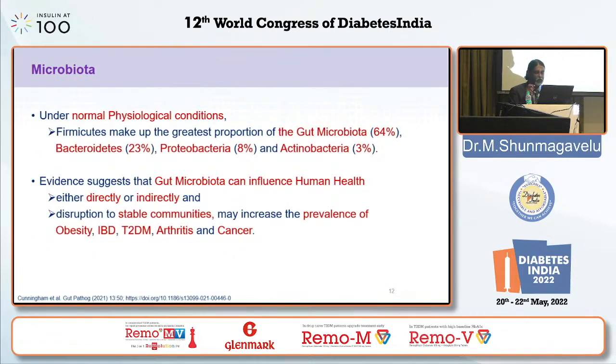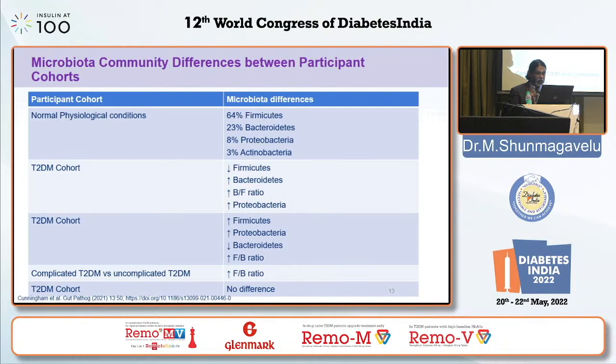Under normal physiological conditions, Firmicutes constitute nearly 64%, Bacteroidetes nearly 23%, so both together constitute nearly 90%, Proteobacteria 8%, and Actinobacteria 3%. Evidence suggests that gut bacteria can influence human health either directly or indirectly, and disruption may increase the prevalence of obesity, type 2 diabetes, arthritis, cancer, etc. According to this particular author, there are microbiota community differences between the participant cohorts.